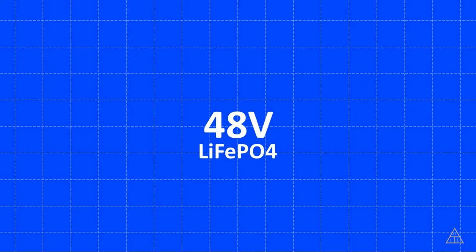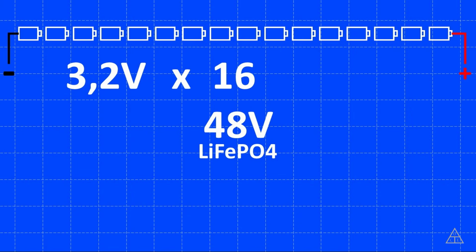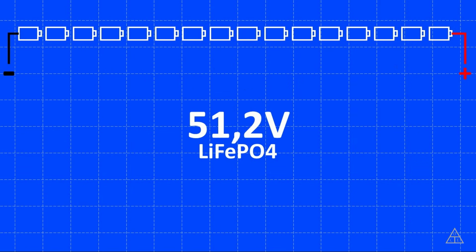And for lithium iron phosphate batteries, we usually need to connect 16 of them in series to get the 48 volt package. Actually, as each one of the lithium iron phosphate batteries has a nominal output of 3.2 volts, and we have 16 of them, the battery pack will have 51.2 volts of nominal output. And now we can adjust the information here.